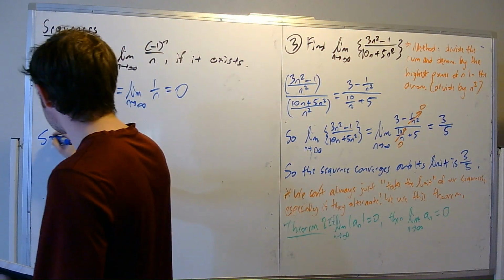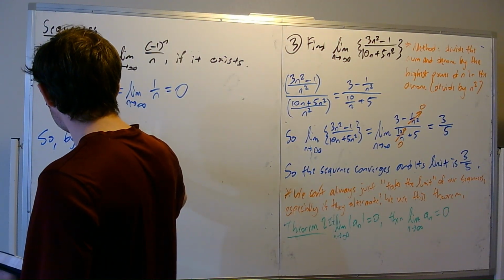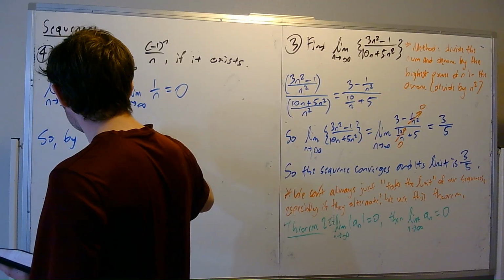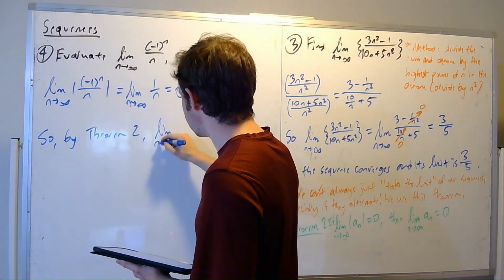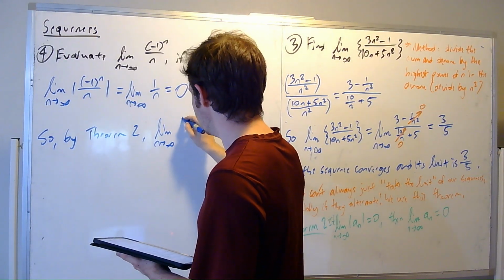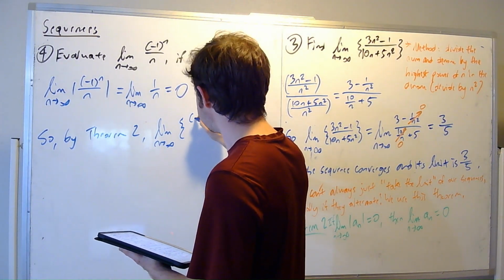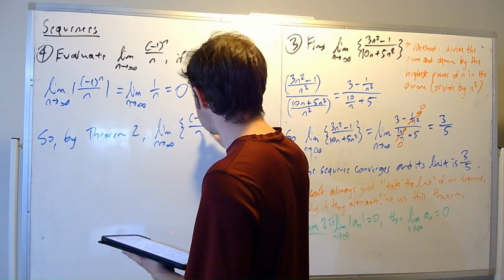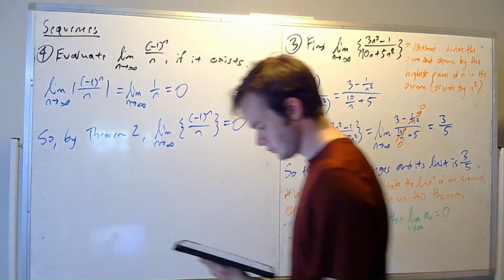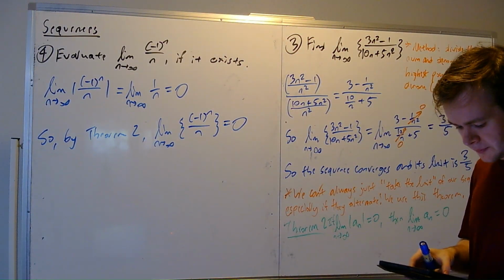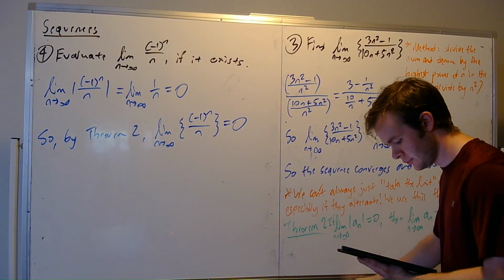So, by theorem 2, we can say that the limit as n goes to infinity of our sequence with these entries is going to be equal to 0. Okay, so let's talk about another theorem.